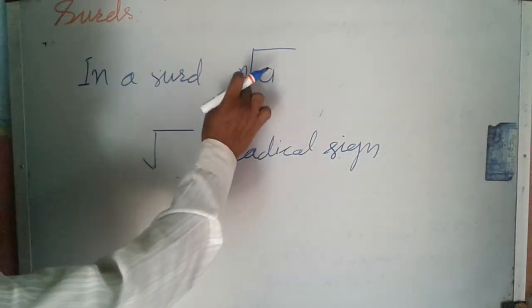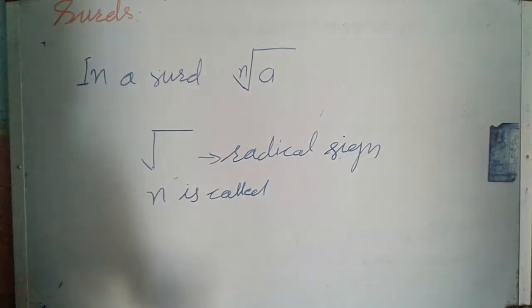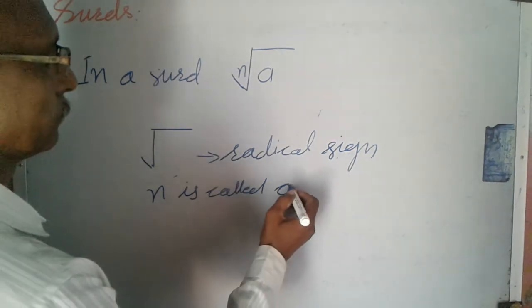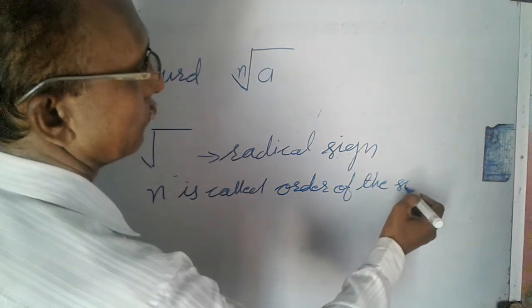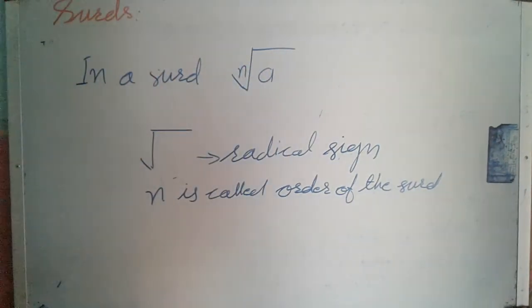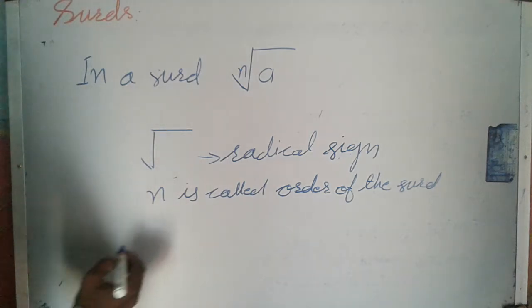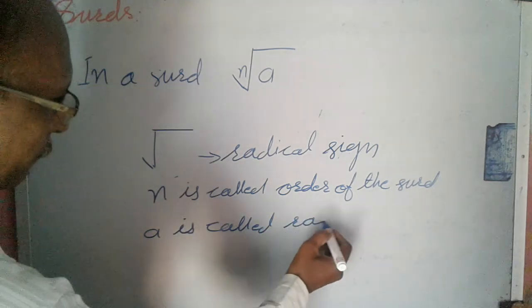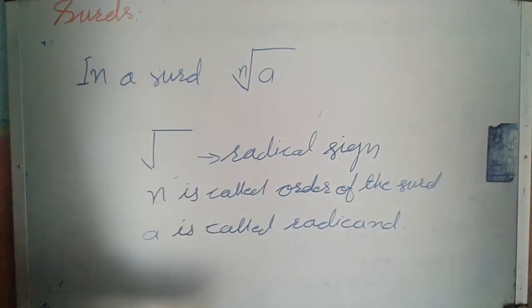And this n is called the order of the surd, and a is called the radicand.